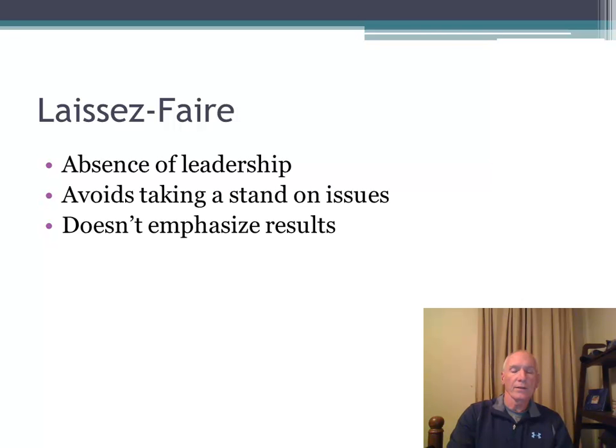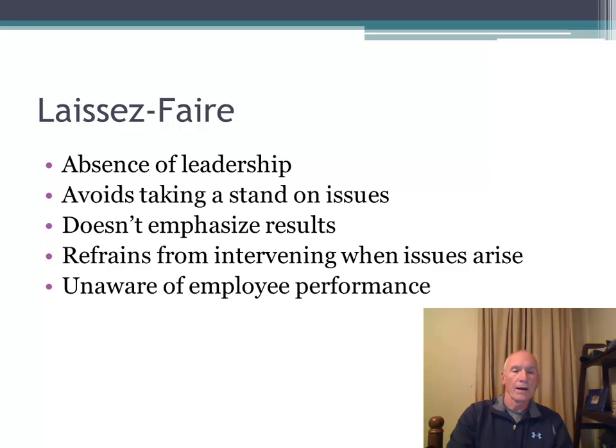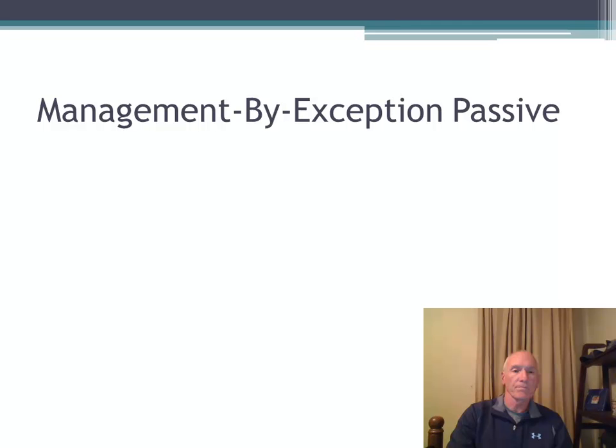And even then typically is unwilling to make a decision, and again refrains from intervening when issues arise, and typically is unaware of employee performance. If you're unaware and absent from the leadership equation, then obviously you're not going to have much influence on events, or at least an active form of influence.